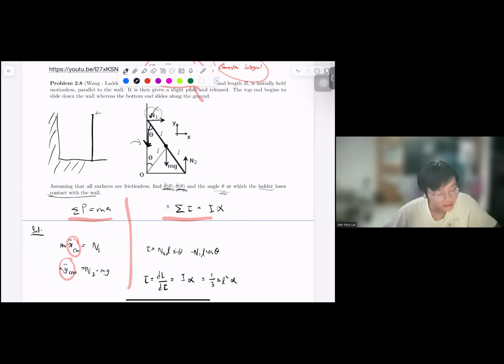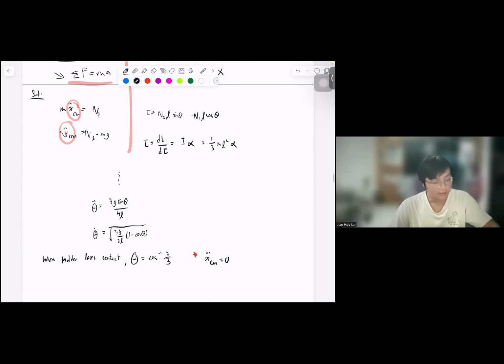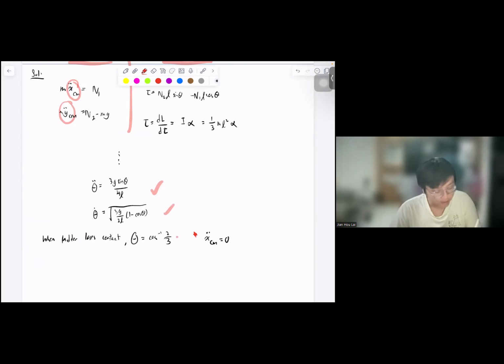We know that mg always acts on the center of mass if it's uniformly distributed. So you analyze from two points of view, two perspectives, and you'll get the answer.